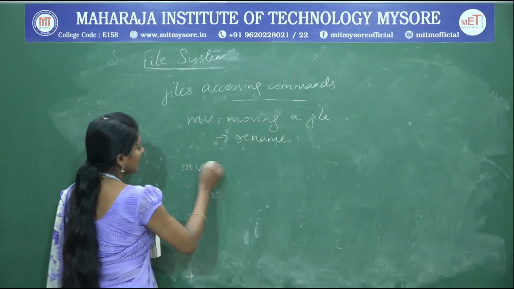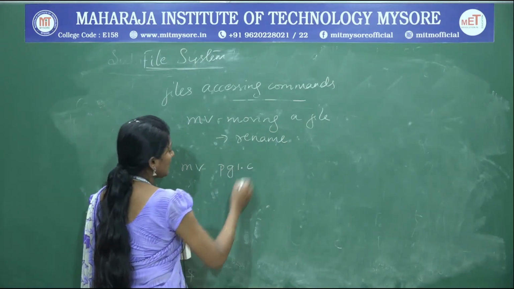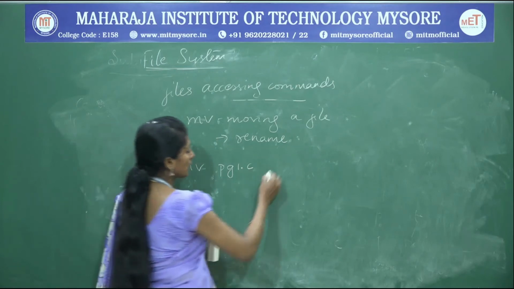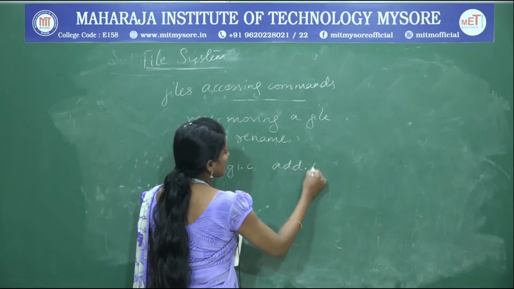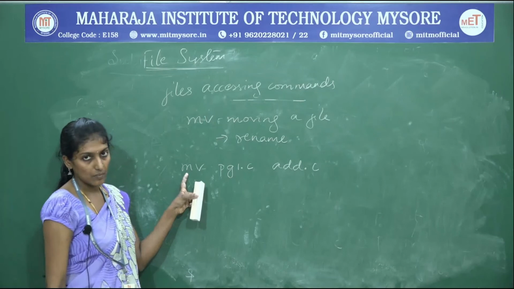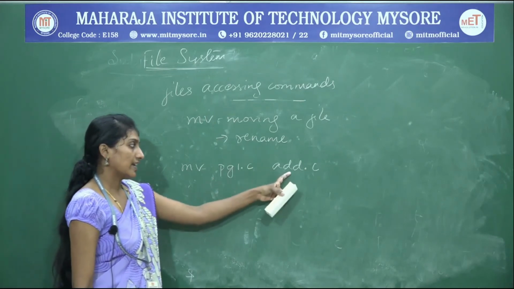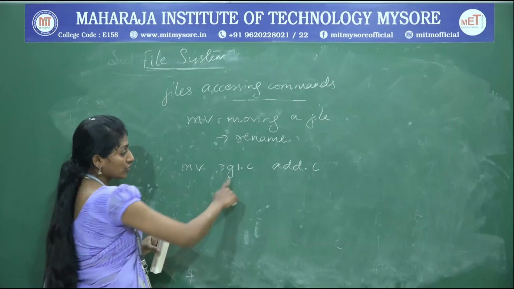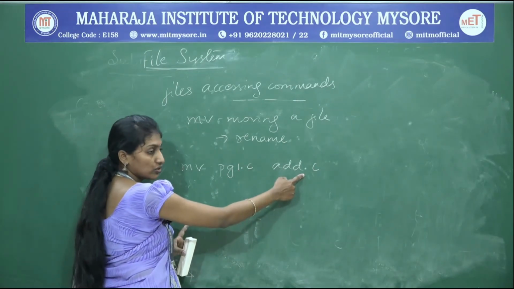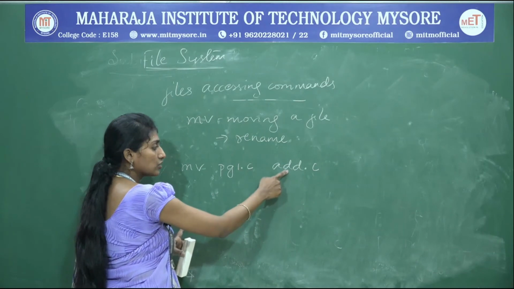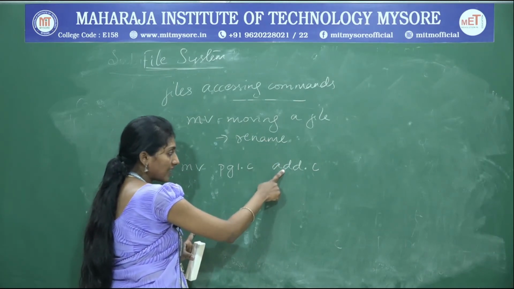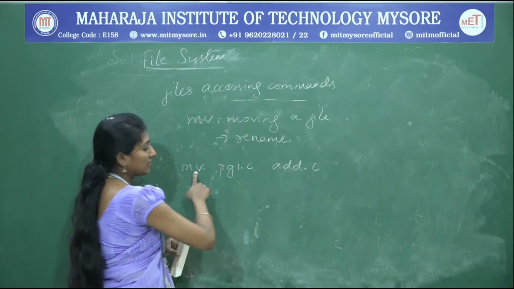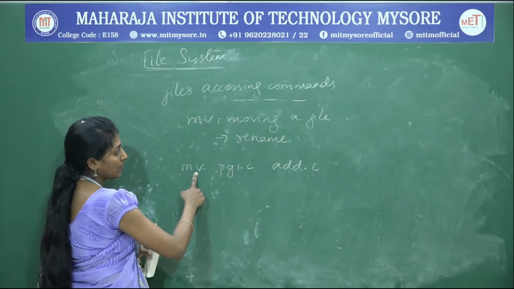If I have an existing file like pg1.c and I want to rename it to add.c, you can do that by using the mv command. If add.c already exists, it is going to replace its content with this file. If the file does not exist, it is going to create the file add.c.